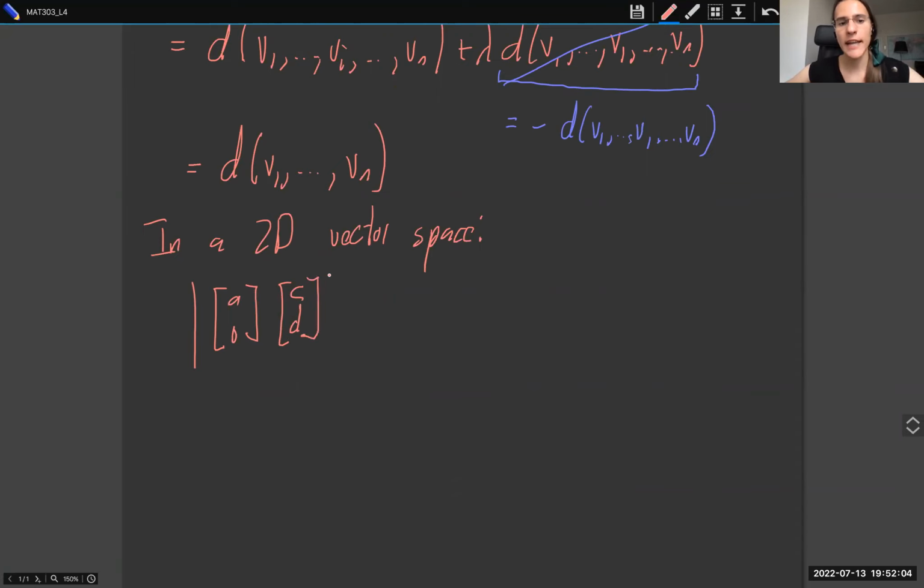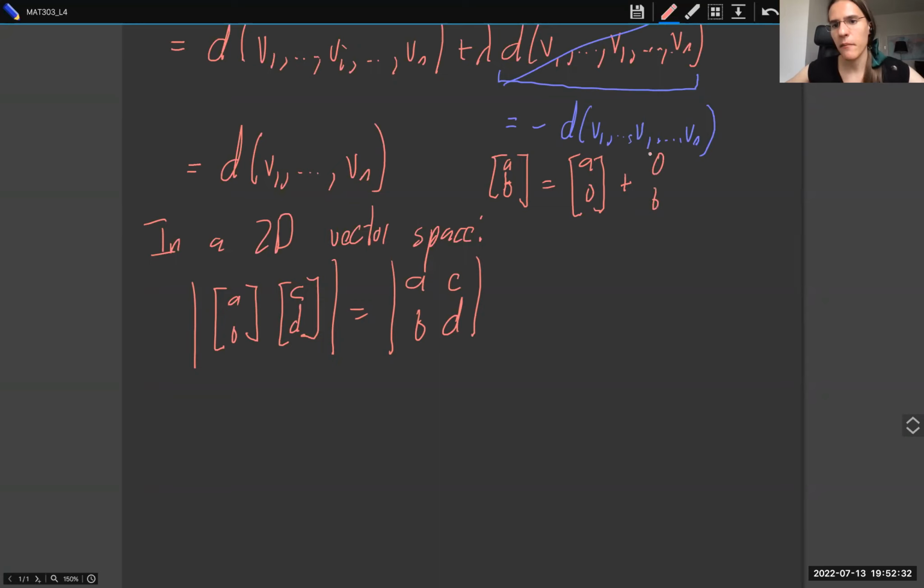However, the way that we'll write that is just the determinant of the numbers A, B, C, D, right? Now, I can split A, B. (A, B) is equal to (A, 0) plus (0, B), right?